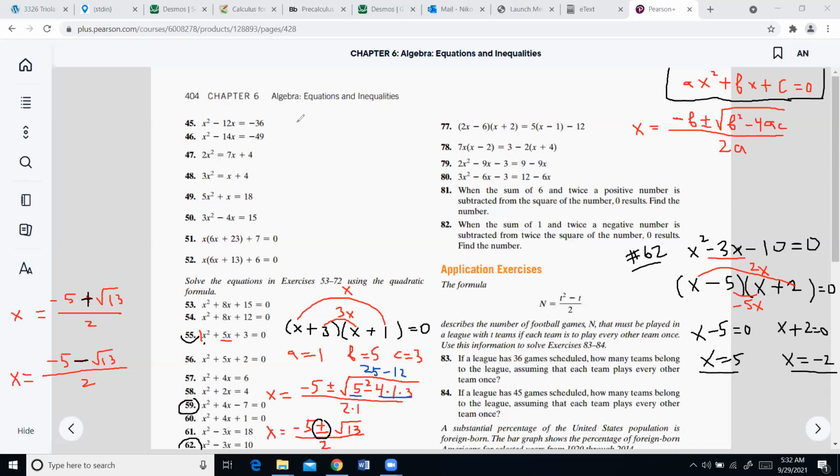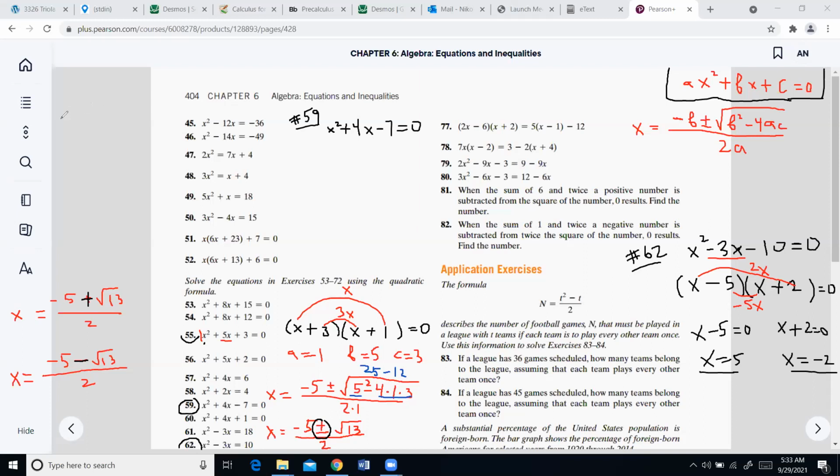So for exercise 59, which is x squared plus 4x minus 7 is equal to 0, I cannot find factoring.